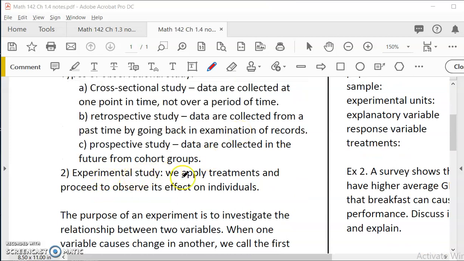In an experimental study, you apply treatments and then measure their effect on individuals. A lot of the time you are looking at how one thing affects another, so this very often involves applying some kind of change to the individuals in the sample.